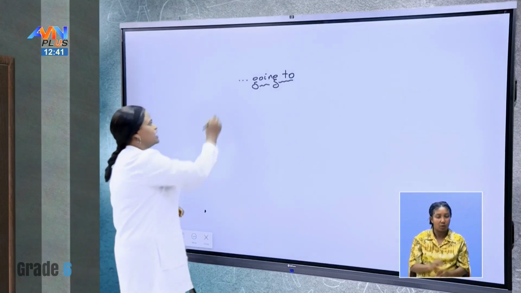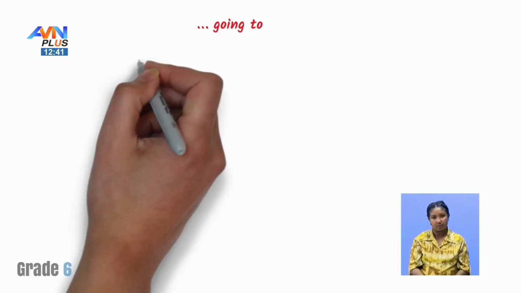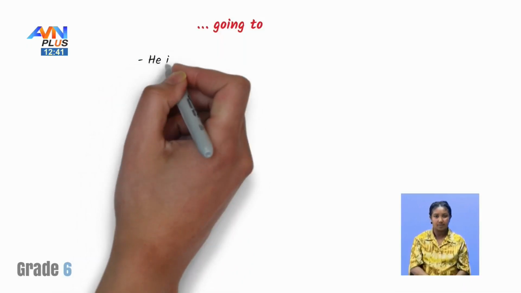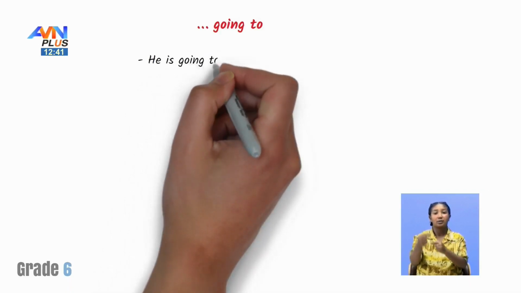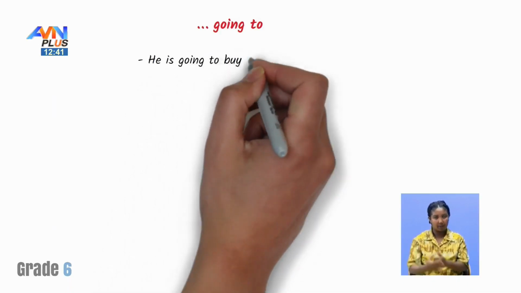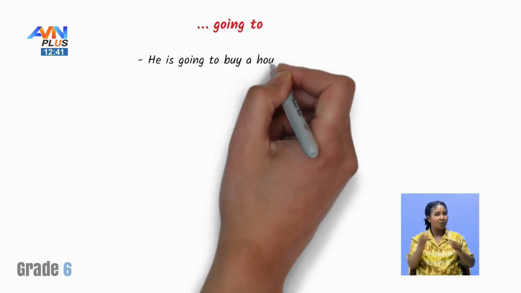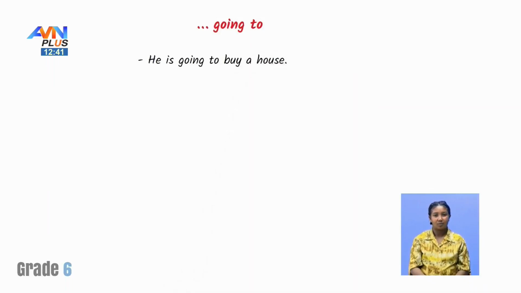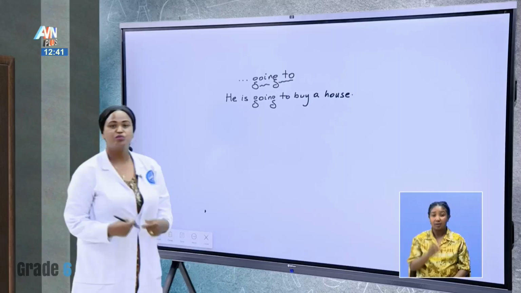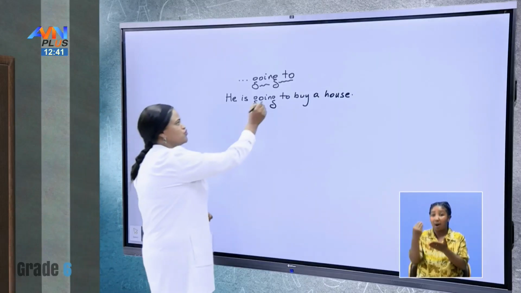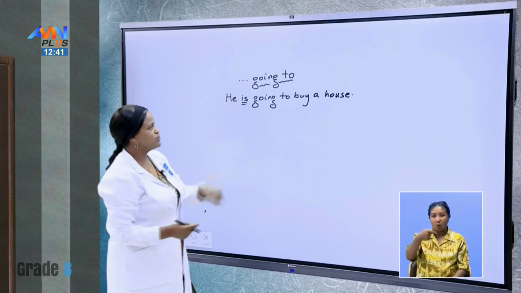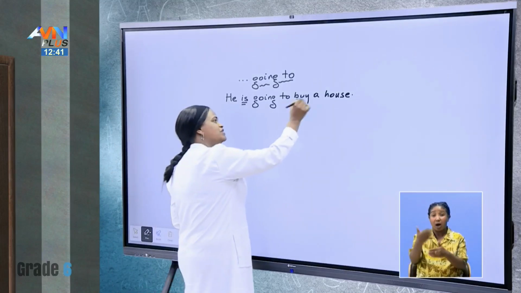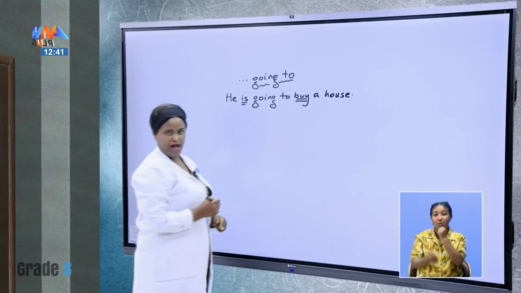Let me give you an example. He is going to buy a house. Look. He is going to buy a house. Before going to, we have what? The present auxiliary is. And after going to, we have the base verb buy.